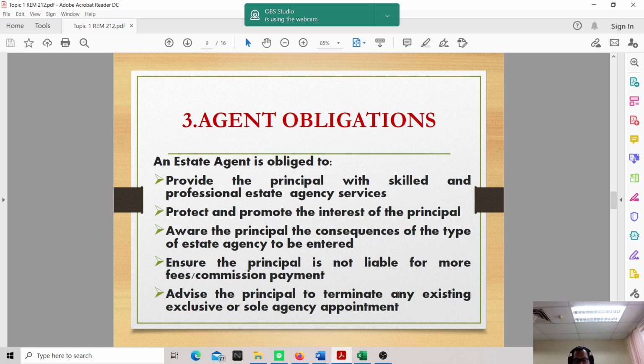Even though they sell their houses at 1 million ringgit, and then they have to pay the commission fee at 3%, meaning 30,000 ringgit, they feel that, oh, 30,000 ringgit is too much, I don't want to pay you 30,000 ringgit, I will give you 2,000 ringgit. So if you didn't have any signed documents, then you are in trouble. Make sure you conduct all of the document registration properly.